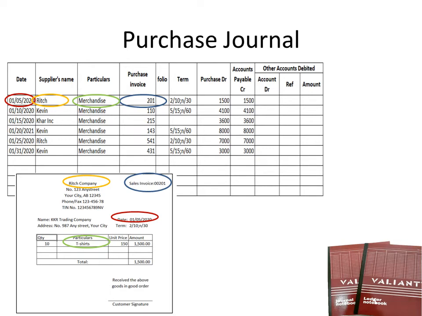We just put the merchandise since we only have one merchandise, t-shirts. But online sellers would usually put the particular product, because they would be selling multiple products, so that they would know from which supplier they bought each specific product. Next, we have the amount, that's 1.5, because the total amount should be the purchases and our payable. And then there is also the term, okay?